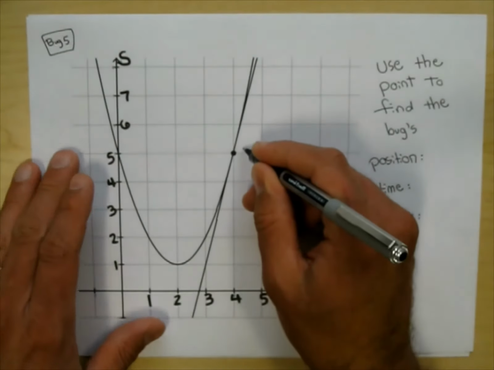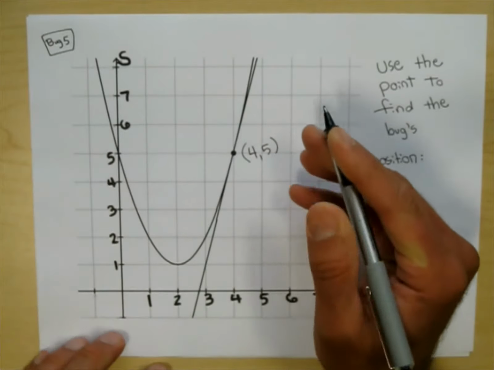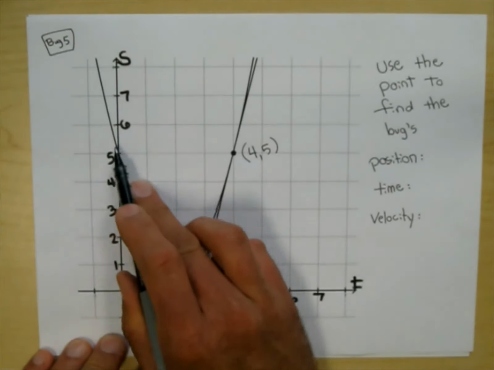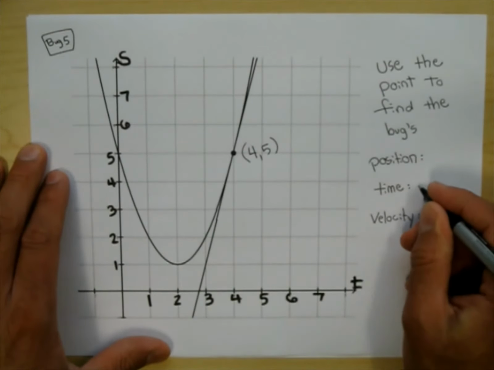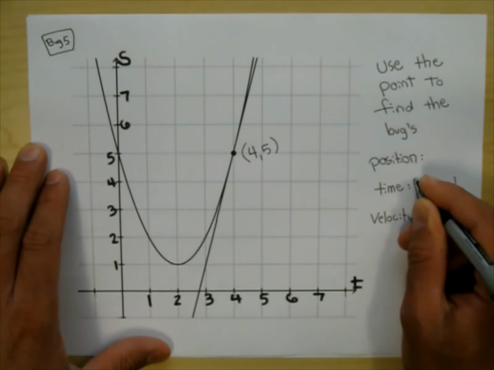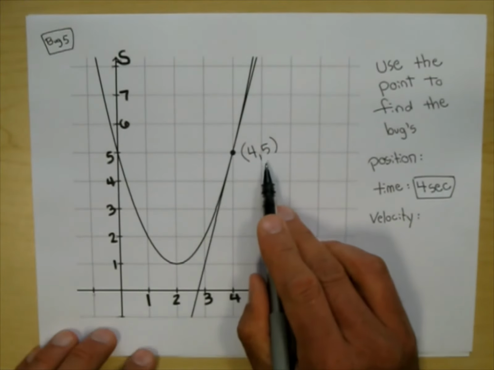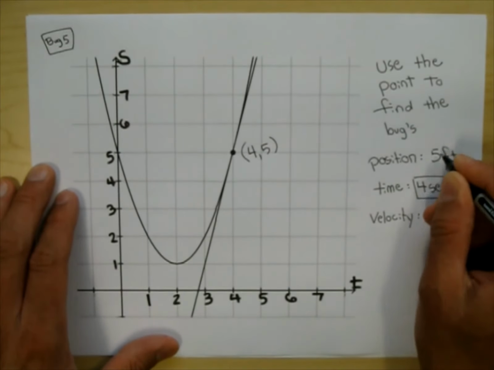So for a point on this position function, the input is the time, so the time is 4 seconds. The output is the position on the number line, so the position is 5 feet.